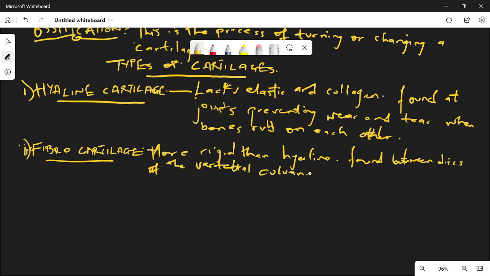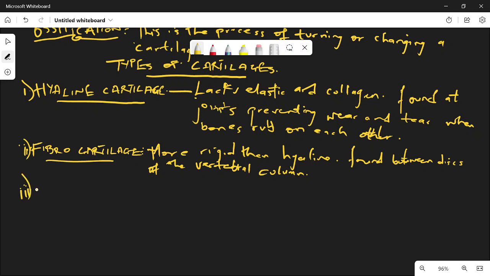It is found between the discs of the vertebral column. That is where we find the backbone. I mean the fibrocartilage. Their own function is to what? It cushions the effect of friction, preventing wear and tear when there is bending of any of the bones on the backbone. Most times we find cartilages as joints.